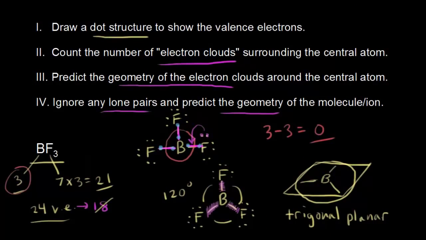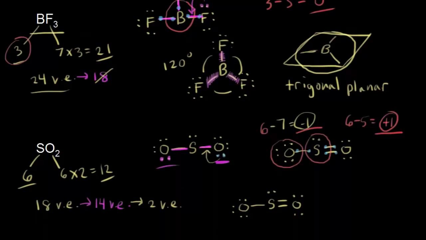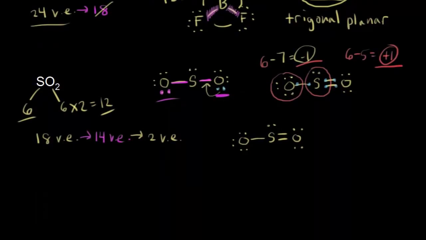And now we are going to count the number of electron clouds that surround our central atom. So regions of electron density, which could be valence electrons in bonds, so bonding electrons, or non-bonding electrons like lone pairs of electrons. So we look at our central atom, which is sulfur, and let's see if we can count up our electron clouds. So this is an electron cloud over here.